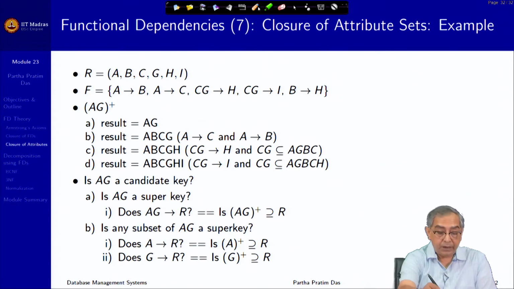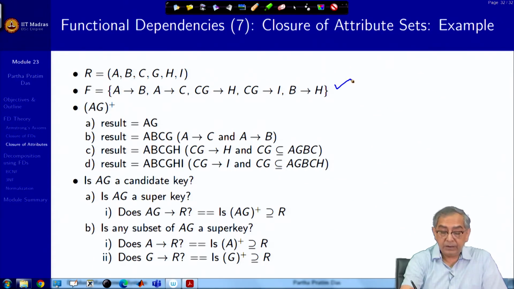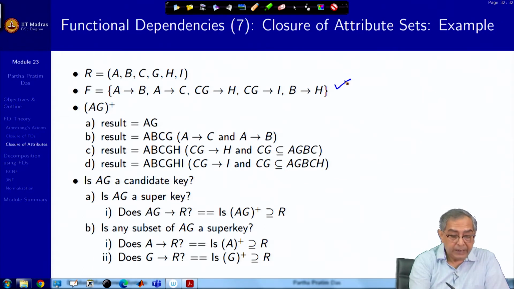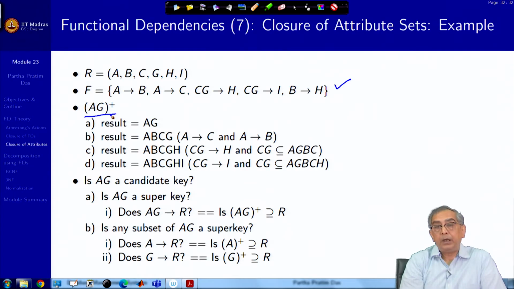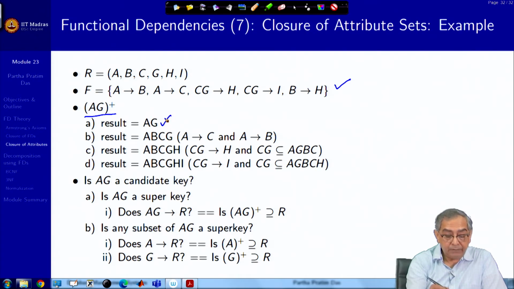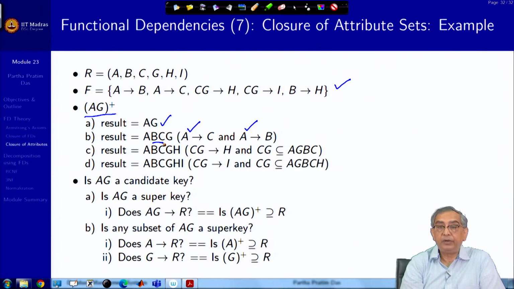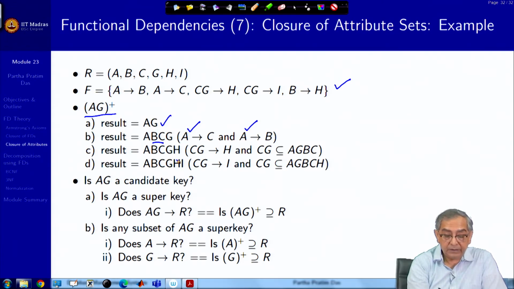So, just a quick look at the same set. Let us say we are computing the closure of AG. Initially result is AG. Then we have A determines C, we have A determines B, A is included. So, B and C will get included one by one. Now, we have CG is included here.